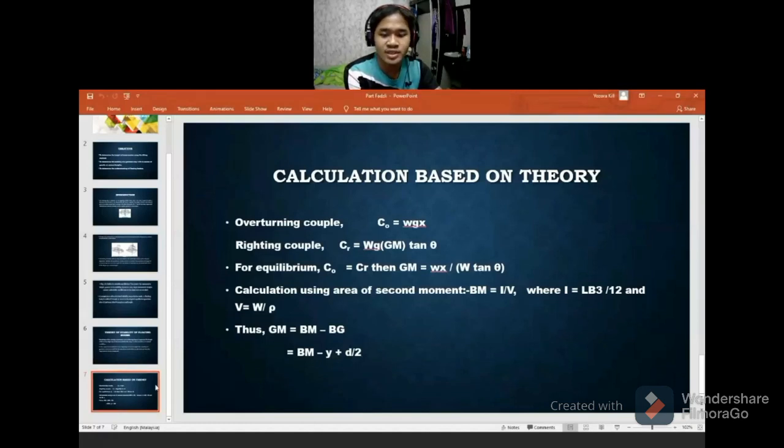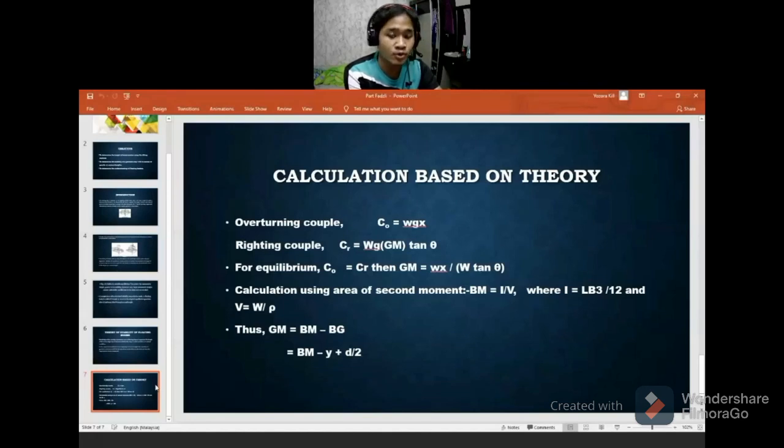Next, the second moment of area formula, BM equal to I over V. BM stands for the length between the center of buoyancy and the metacenter. I stands for the second moment of area at the water surface. V is the volume of displaced water, where I equal to L b cubed over 12.